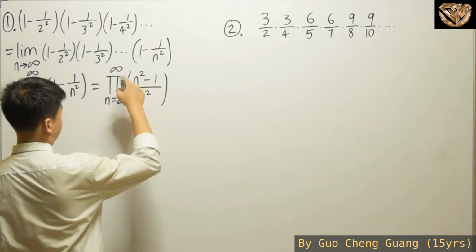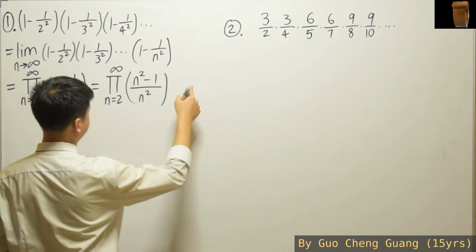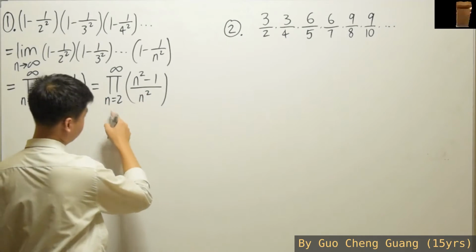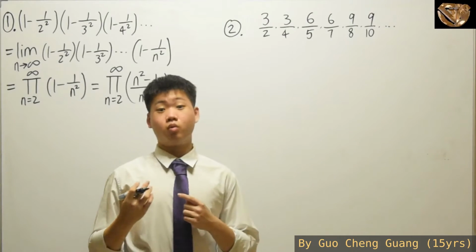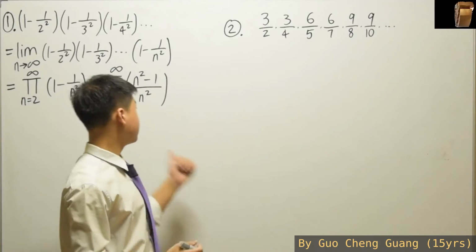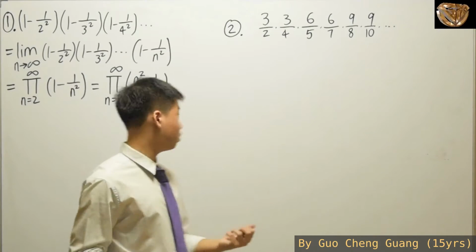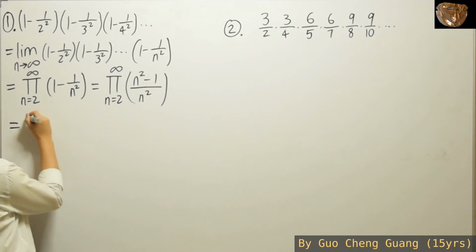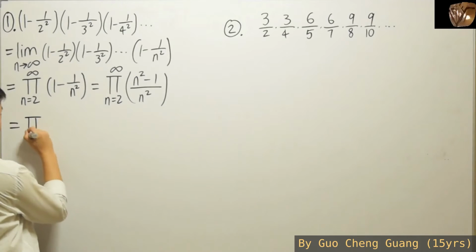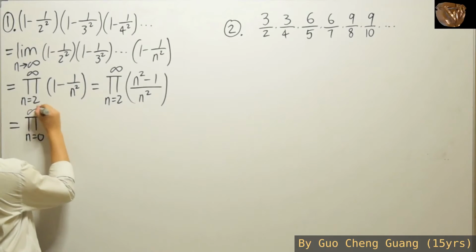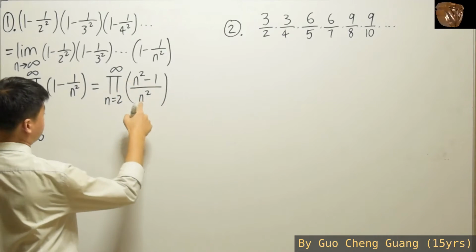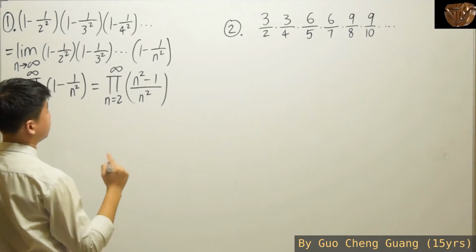So the numerator can be n minus 1 times n plus 1, but n starts from 2. In order to use the Wallis product, you have to make n start from 0. So the product for n from 0 until infinity, you have to change every one of these n into n plus 2.